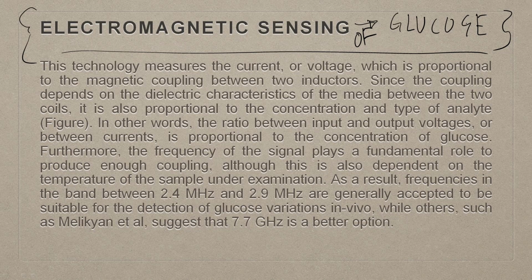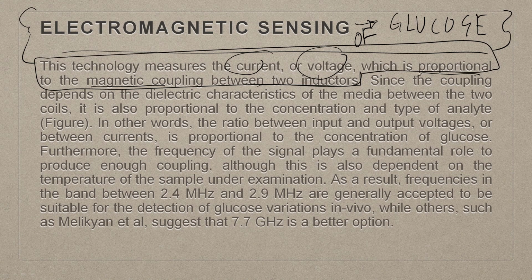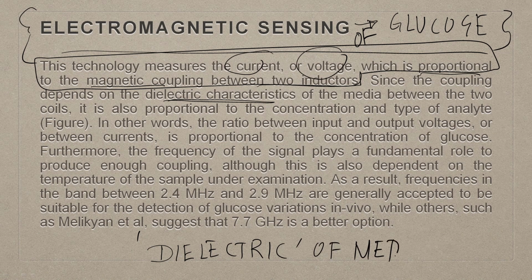So, when we talk about electromagnetic sensing, it is pretty interesting what we are actually sensing. This technology measures the current or voltage which is proportional to the magnetic coupling between two inductors. Since the coupling depends on the dielectric nature of the medium, which is something you should brush up on, in this case the medium will be nothing but blood between the two coils.